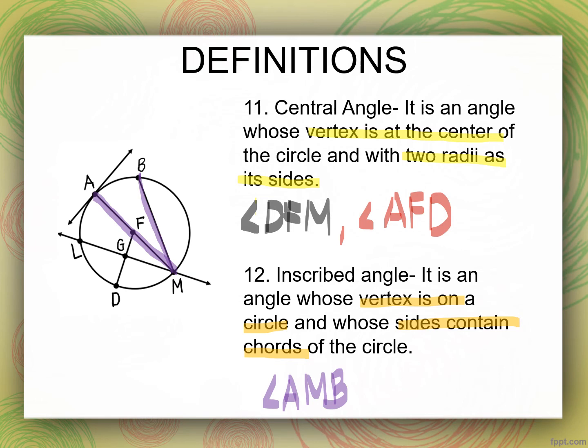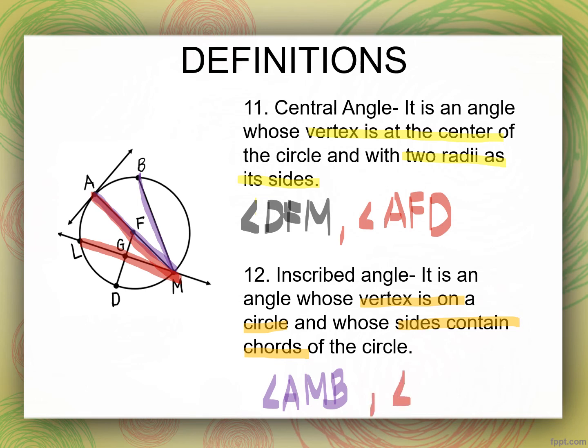Okay, what are other inscribed angles here? So we can also have angle LMA. So same thing, vertex is on the circle at point M, and then the sides of the angle are chords AM and LM.